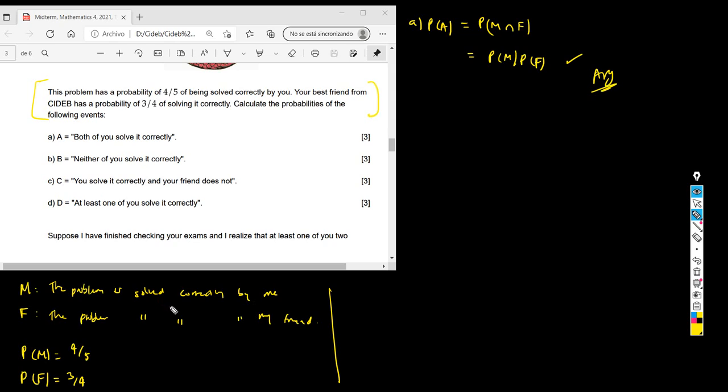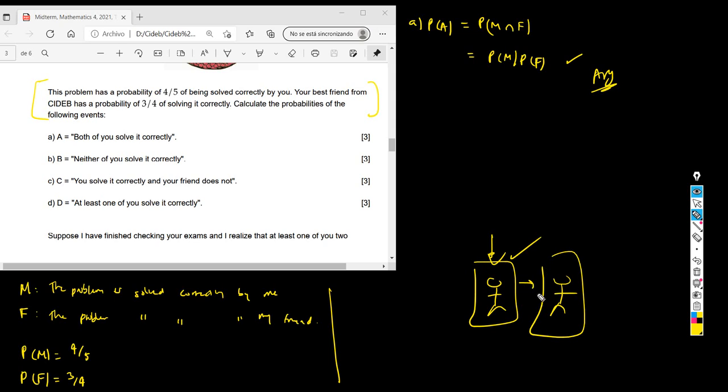Imagine that I give you a problem to solve for you and your friend. You are in the same classroom, and you just get to solve the problem. It's very difficult to think that if you solve it correctly, that's going to have somehow an impact on the probability of your classmate or your friend solving it either correctly or incorrectly.